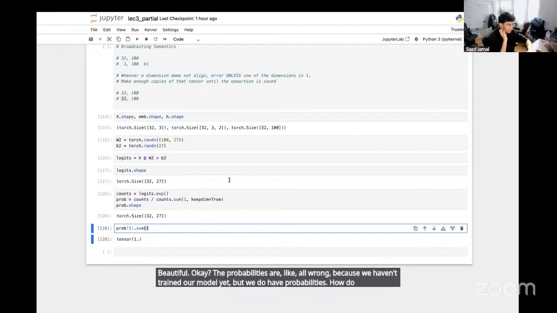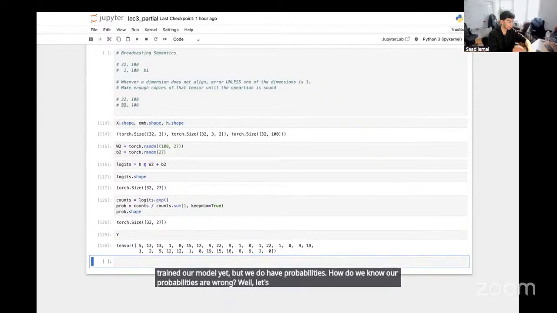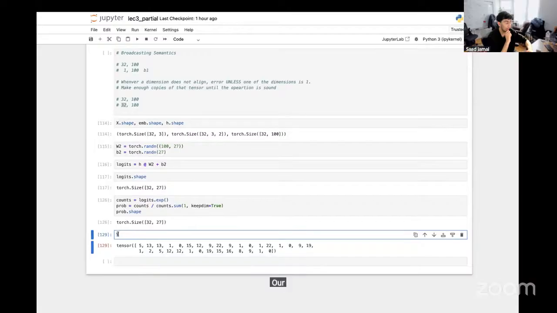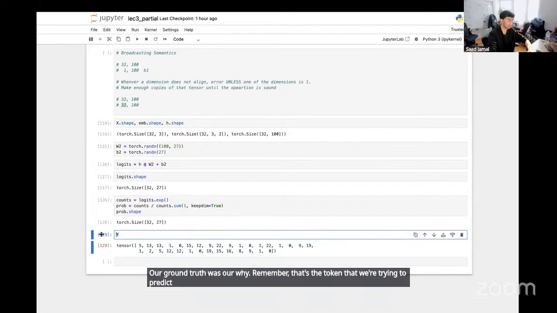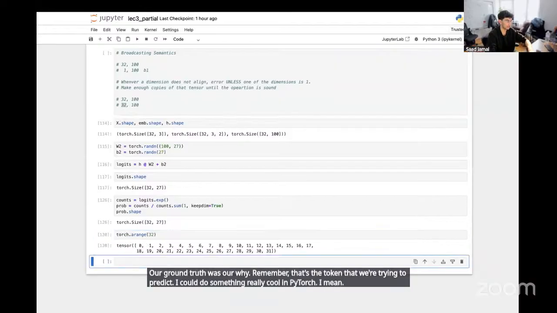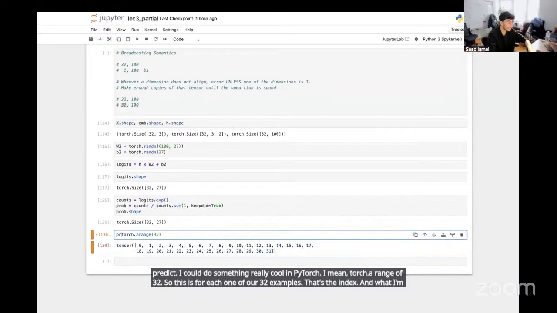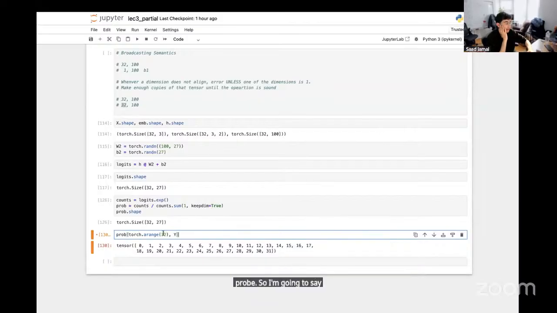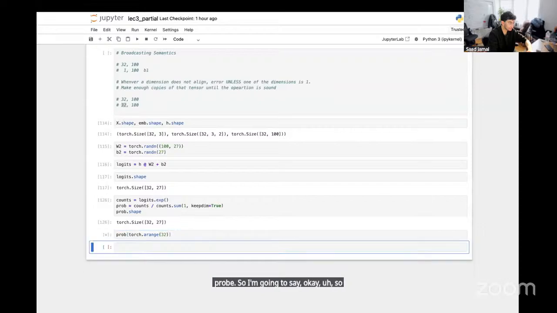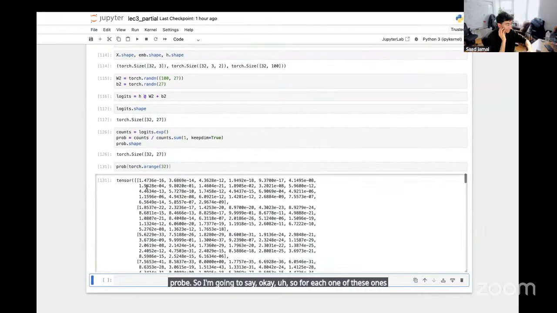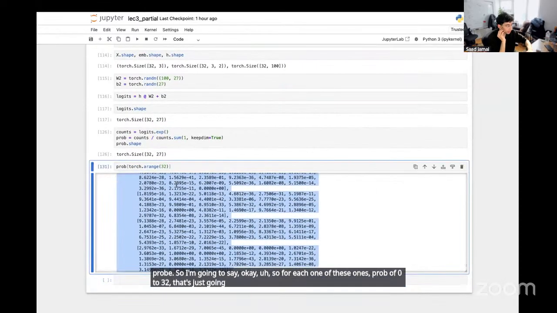How do we know our probabilities are wrong? Well, let's go to our ground truth. Our ground truth was our y. Remember, that's the token that we're trying to predict. I could do something really cool in PyTorch. I'm going to do torch.arange of 32. So this is, for each one of our 32 examples, the index. And what I'm going to do is index into prob. For each one of these, prob of 0 to 32 is just going to grab literally all the probabilities.